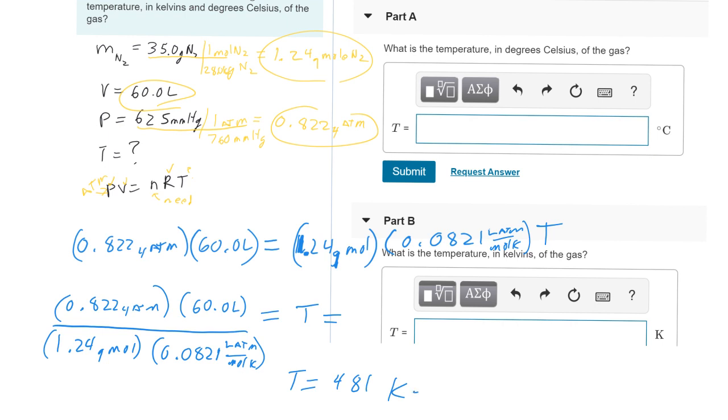And this is where they're kind of evil, because this is the answer to part B, yes? You actually solve for the answer in part A separate, because your PV = nRT always gives you kelvins first. So to get Celsius, you're going to subtract 273 Kelvin.